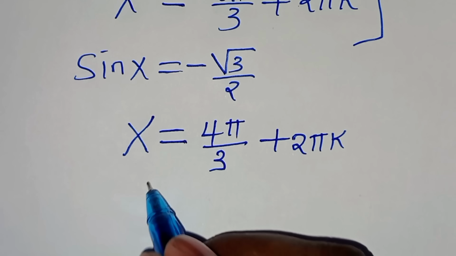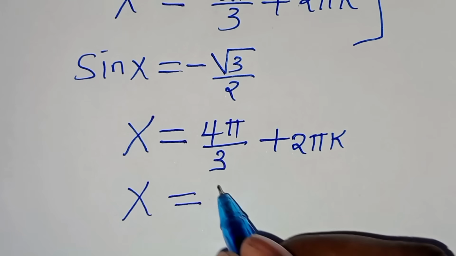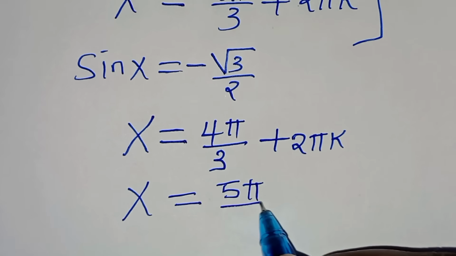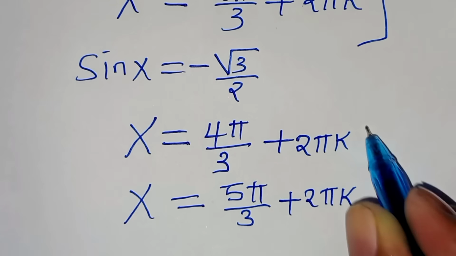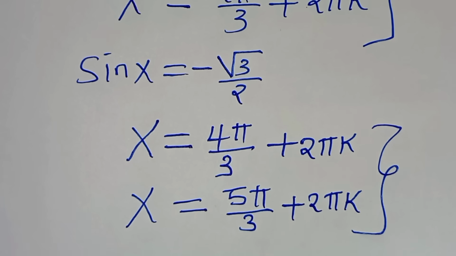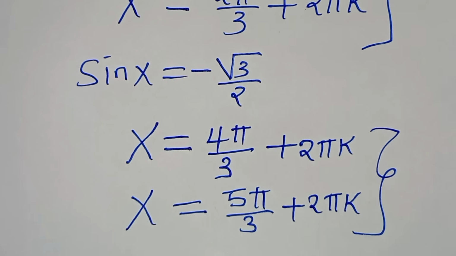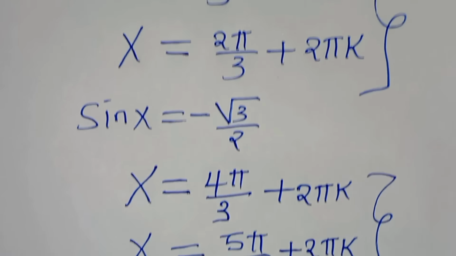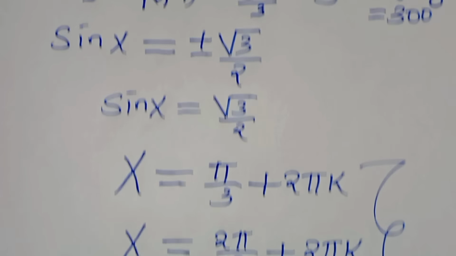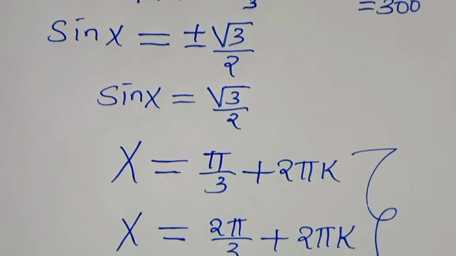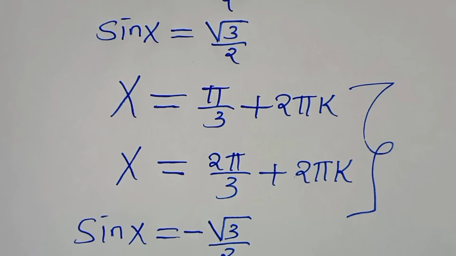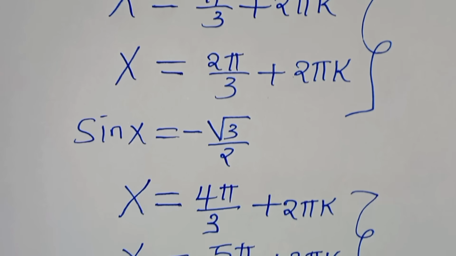And then we have also x is equal to 5 pi over 3 plus 2 pi k. So these are the values of x, where we have sine x, which is plus or minus square root of 3 over 2. Now let's proceed to case 2.